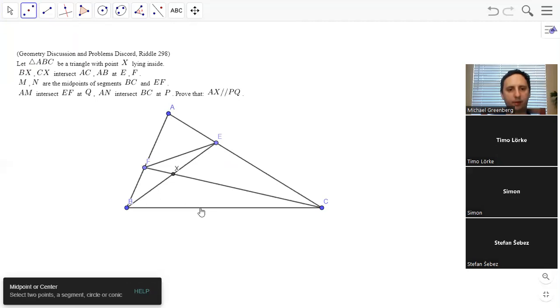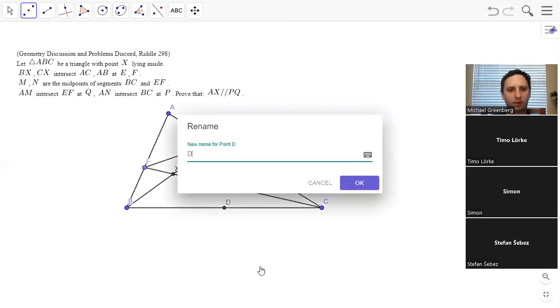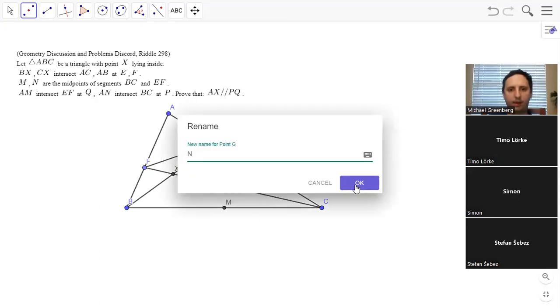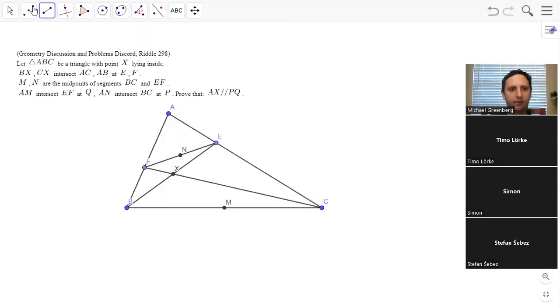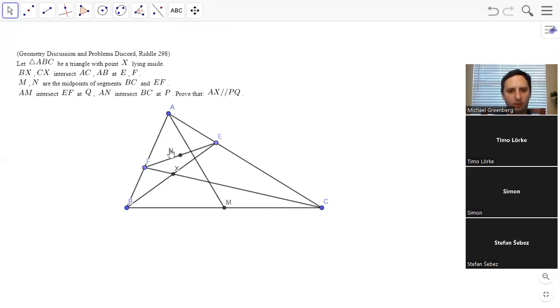So we take the midpoints of BC and EF, and we call them M and N. And AM intersects EF at Q. And AN intersects BC at P.